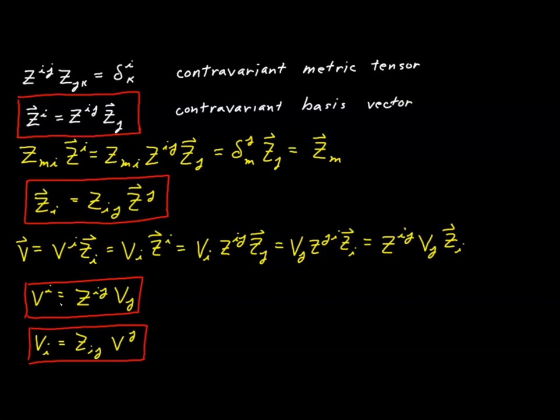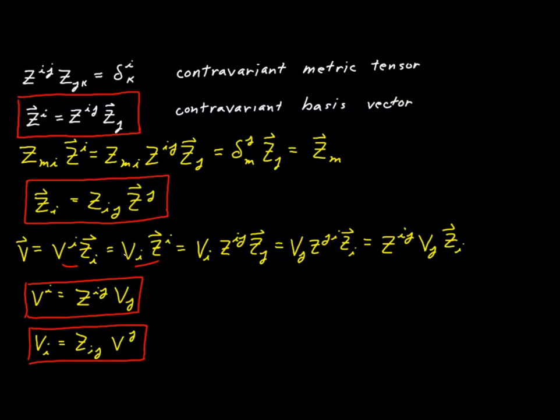Now, the vector can be expressed either this way or this way. So the covariant and contravariant components are equivalent. They're not the same, but they're equivalent. That means that they carry the same information about the vector, and each one is as useful as the other.